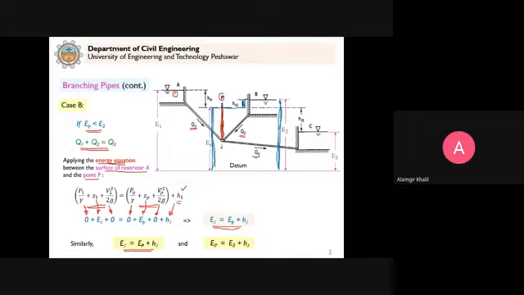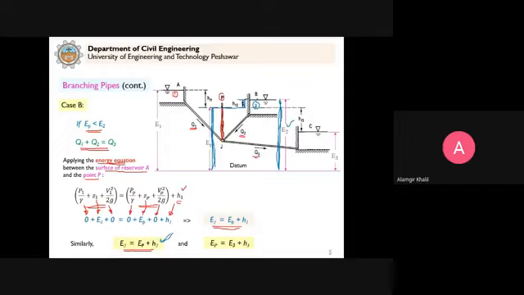Clear? So what we can see here, EP plus H2 is equal to E2. You will get the same result when you apply the energy equation between P and point 2 here, the surface of reservoir B.